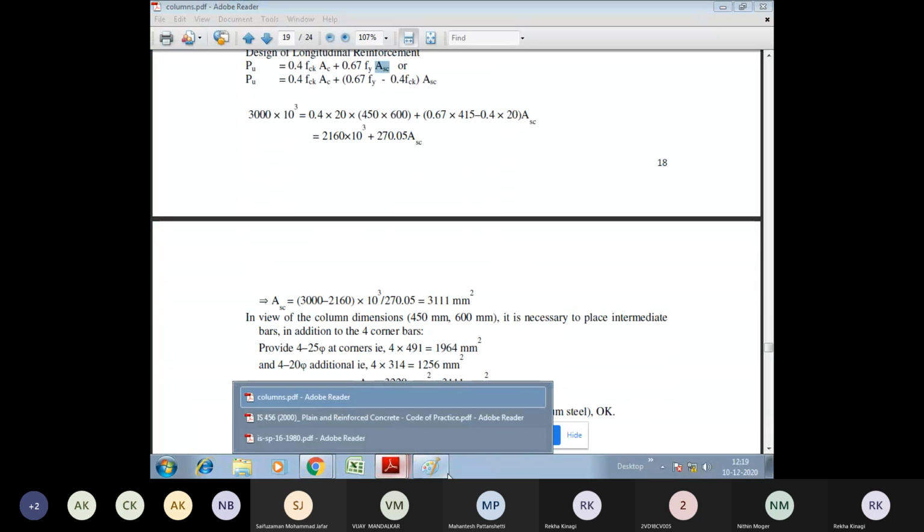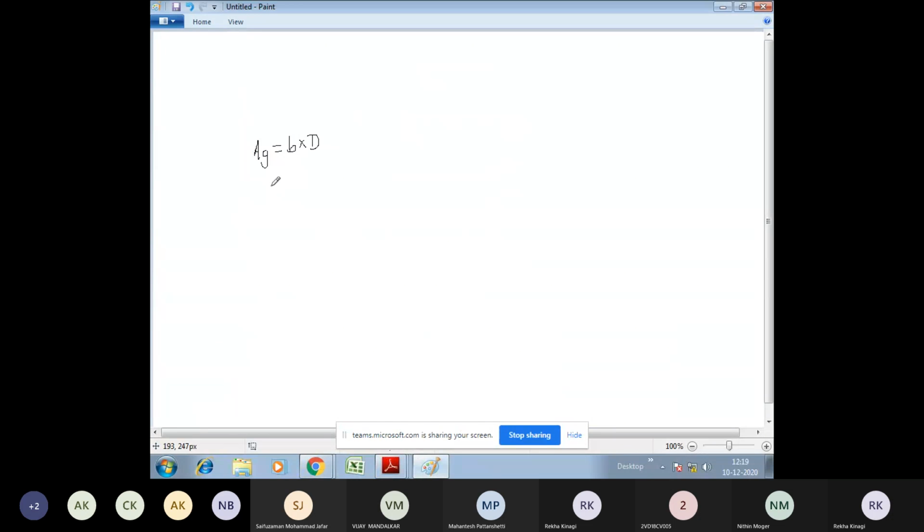Here we will assume ASC, that is amount of longitudinal steel, is equal to 1% of the gross area.